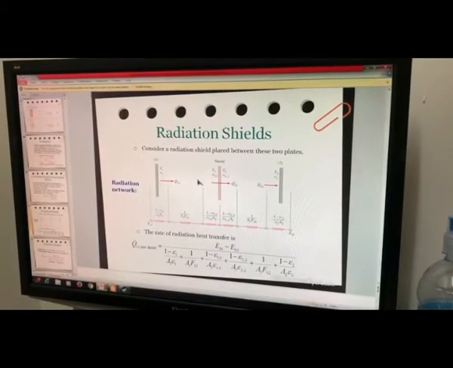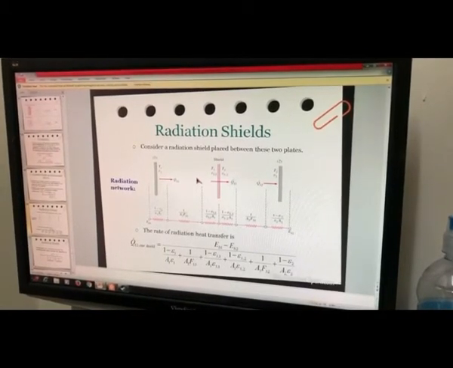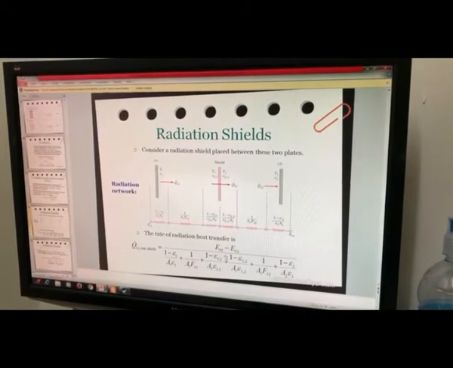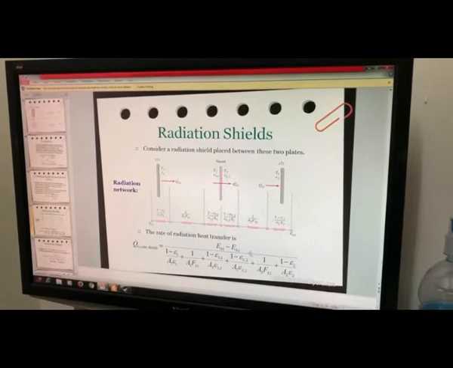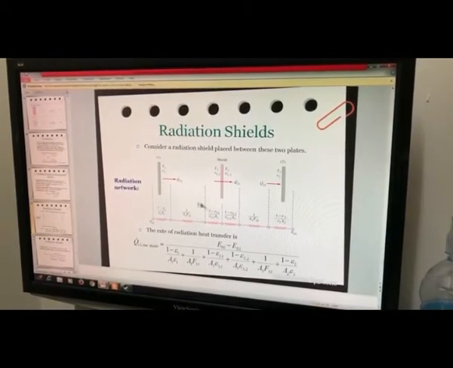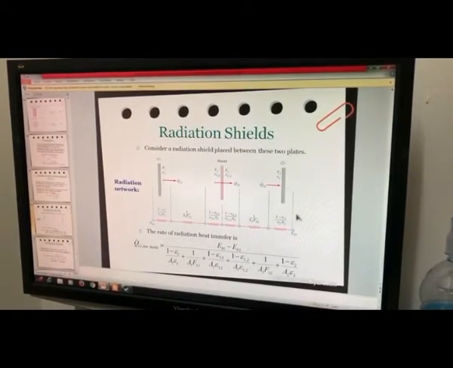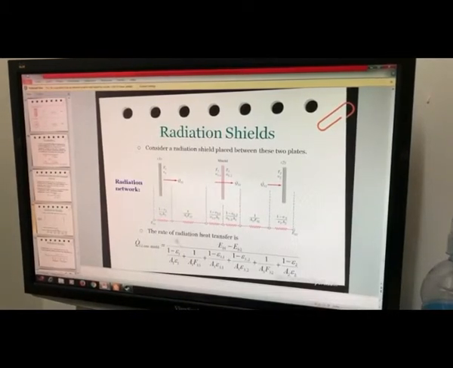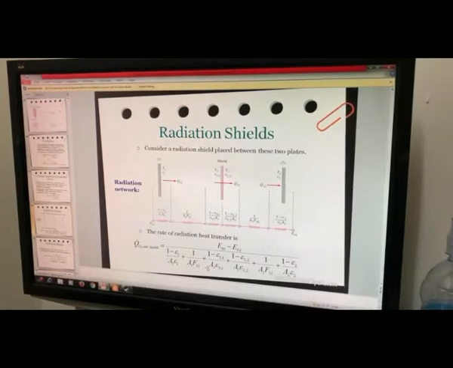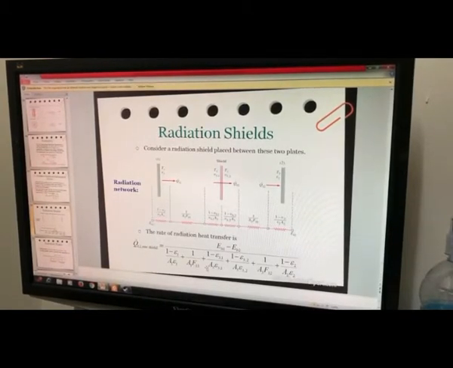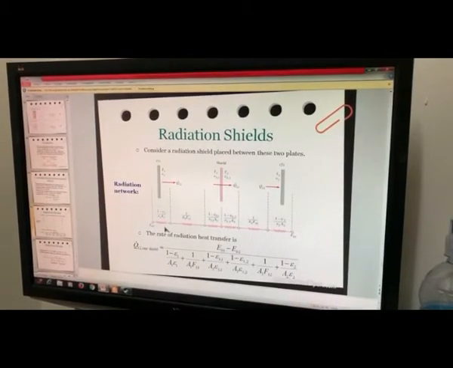For the calculation of the rate of radiation heat transfer, based on this formula, E is the Stefan-Boltzmann radiation energy of the first surface and the second surface. The lower part of this formula shows the resistance of each layer.